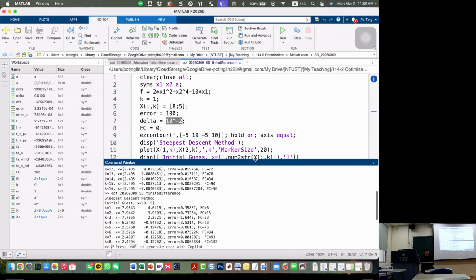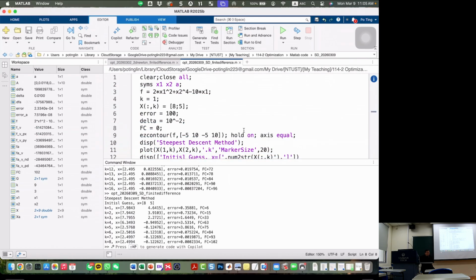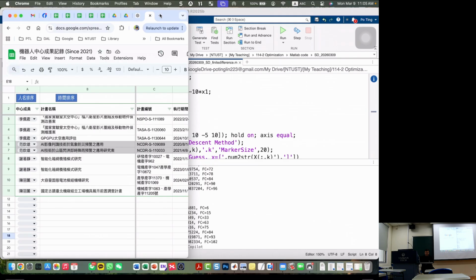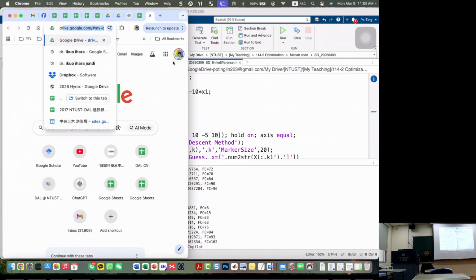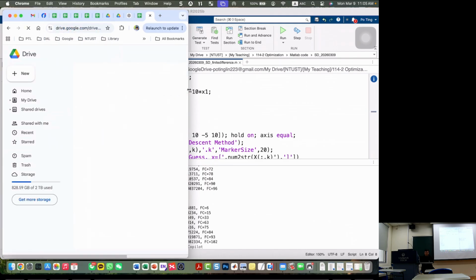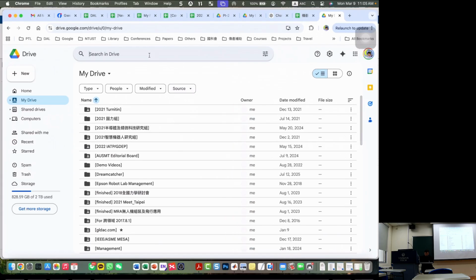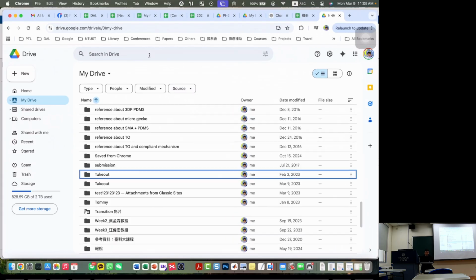That's everything I want to cover today. Next week, I'm going to talk about conjugate gradient, another method. Let's take a look at our course schedule.